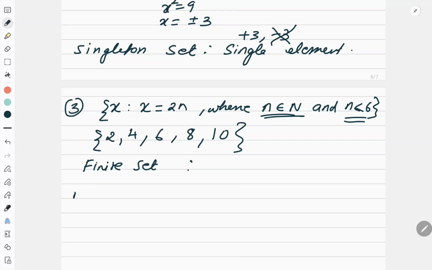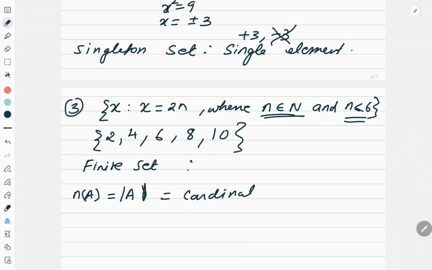We have already defined this and I told you it is known as the cardinal number, which is the number of elements in a set. Now there are a few examples where we feel they are not finite sets, but actually they are. For example, the set of soldiers in the Indian Army.